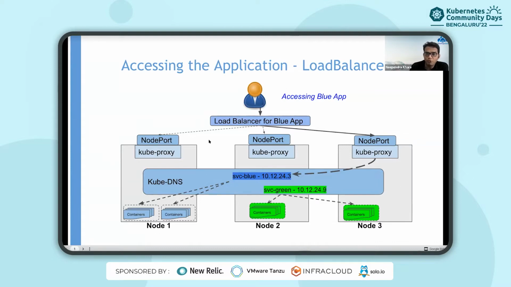Now here we are saying expose my application on a load balancer. This is possible only in an infra where my Kubernetes can communicate to the underlying infra and request a load balancer.